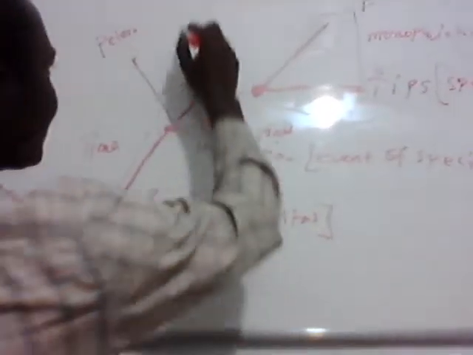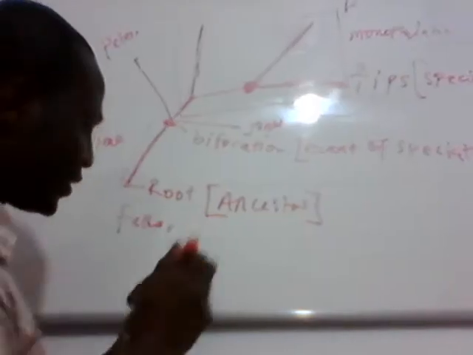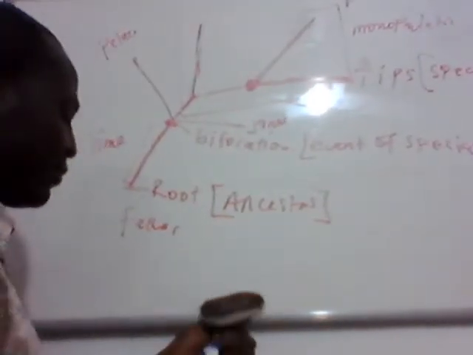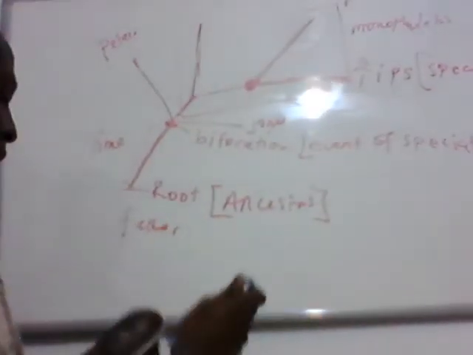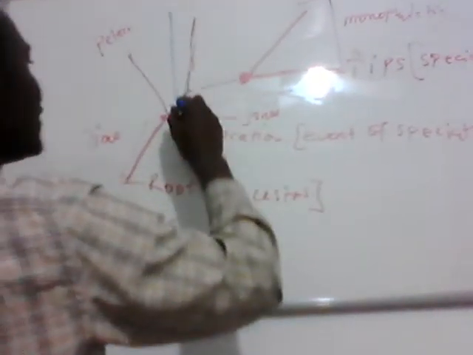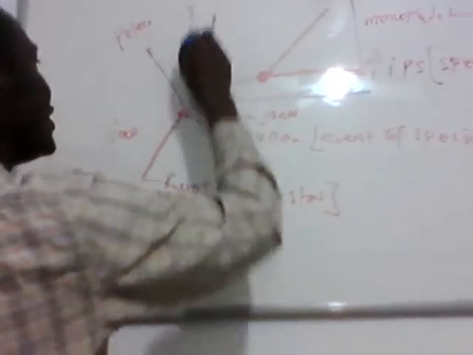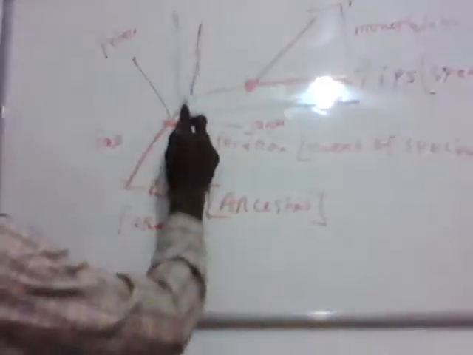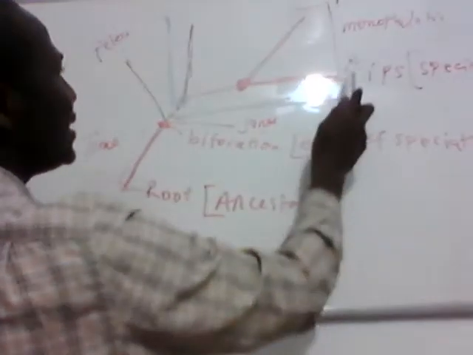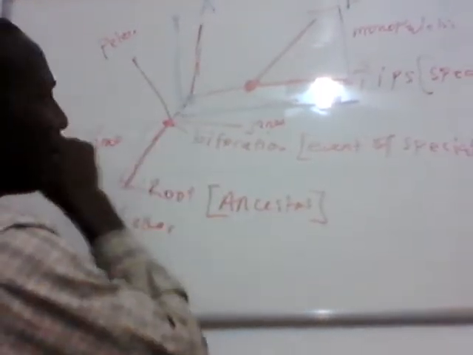Now consider here, let me use a different marker so that it will be visible. If you consider this point here, P, Q, let's say A. Now P, Q, and A, if you consider this whole region, you will understand that not all the members share the very closest common ancestor, because this point here is not being shared with these two.